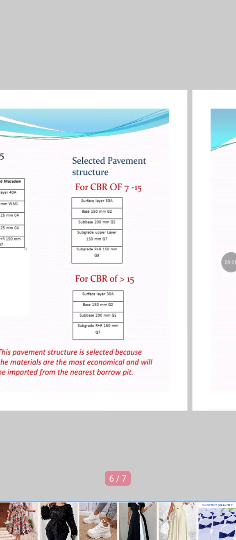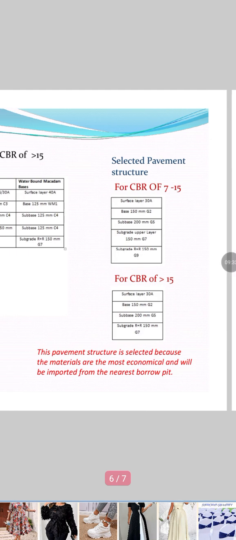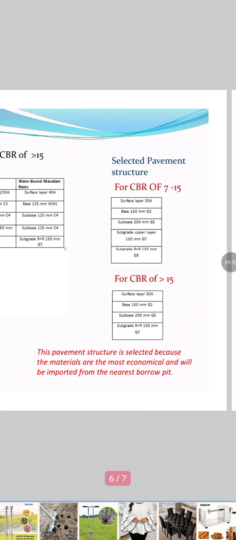So as you can see here, we have selected the granular bases, and we only selected to use a base of 150 millimeter G2 and a sub base of 200 millimeter G5, because this pavement structure is selected as the materials are the most economical and will be imported from the nearest borrow pit. So this is the final selected pavement structure according to the different CBRs.